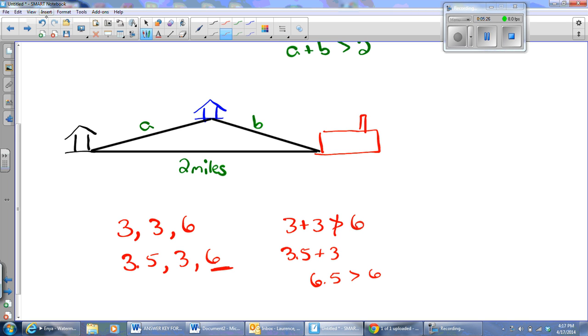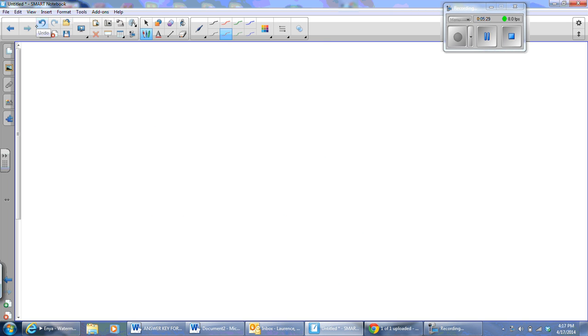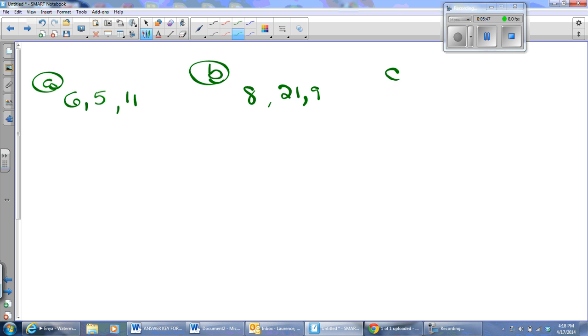All right, well, let's take this idea and test a couple. I'll make up some triples to see if they can make a triangle. Let's see here: 8, 21, and 9. And C could be 36, 10, and 28.